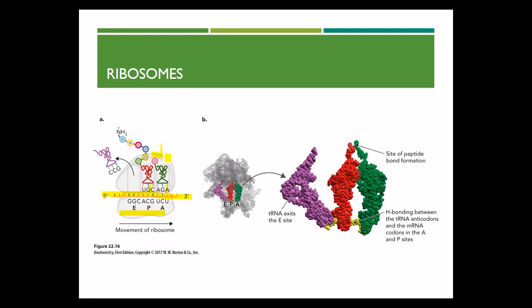And then we have the two subunits of the ribosome binding together, holding the messenger RNA in the middle. Within the ribosome, there will be three transfer RNA binding sites.